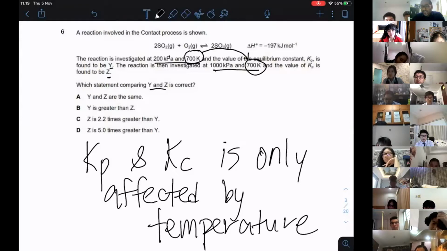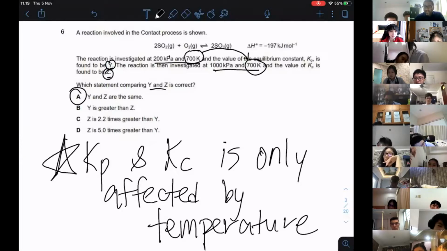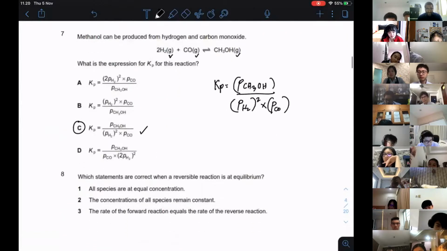The temperature is the same. If the temperature is the same, pressure change doesn't matter to Kp and Kc. So it means that this Y must be the same as Z. The same concept. Can you understand now, Owen? Okay. Let's move on here. It looks difficult, but it's actually very easy. You just need to check.